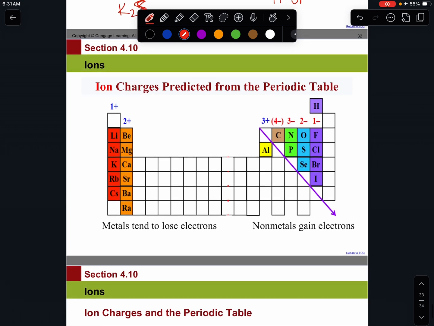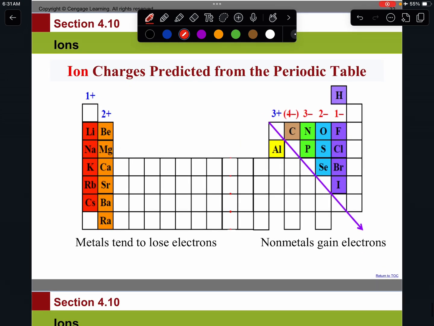Now we're going to talk a little bit about charge prediction here. Again, we're going to get really deep into this, so just stick with me here. The periodic table tells you so much, and everything can be figured out charge-wise by the group that it is in. I'm going to continue to use that word group. Groups are vertical.